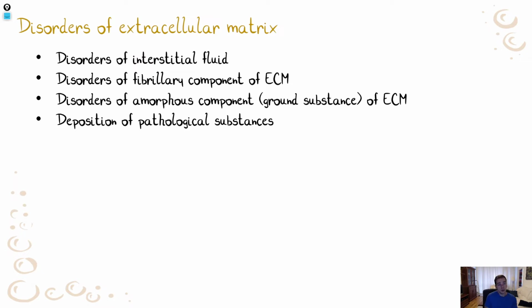So we can have disorders of interstitial fluid, disorders of fibrillary component, disorders of ground substance, and there can be also some new depositions of pathological substances that are normally not here, such as calcifications. But the first and the last one are slightly different topics and we will discuss them another time. Today we will discuss disorders of fibrillary and amorphous component.